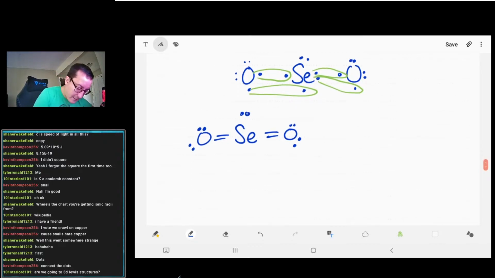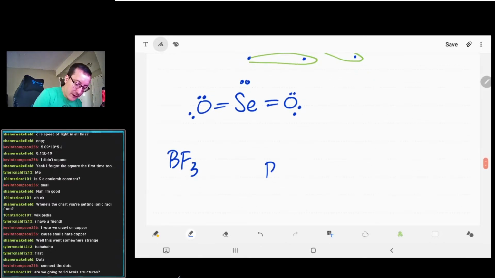And let's do another one. And then we'll talk about their shapes. So if we do this, boron has 3 valence electrons. Fluorines all have 1.